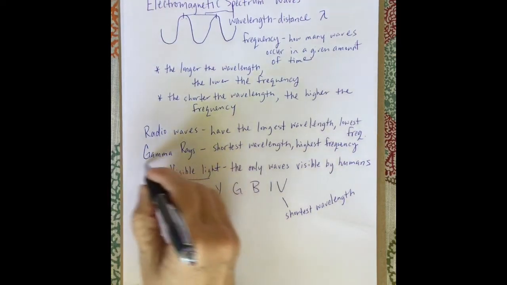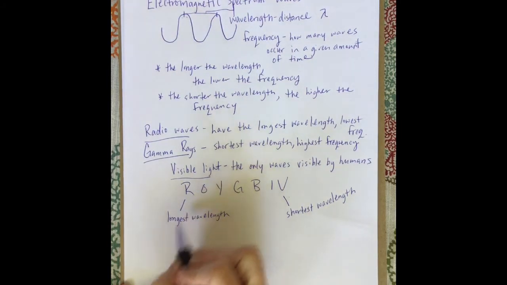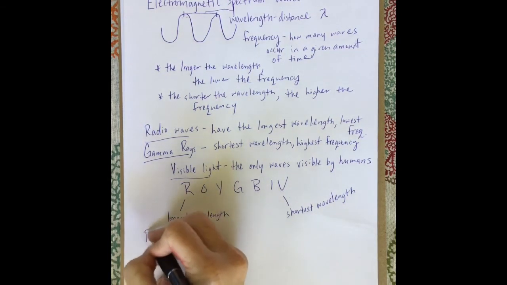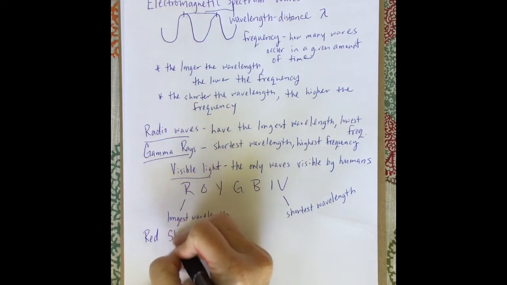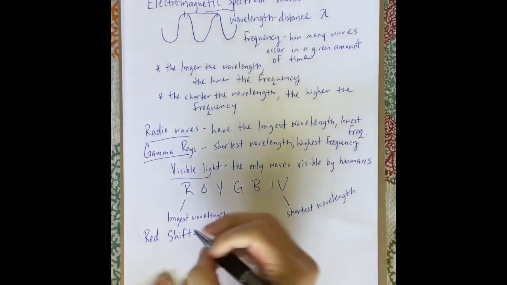Okay, now all of this plays into our understanding of the Big Bang Theory, which is where we're moving on for this. This is how this all fits into the universe unit. Because since red visible light has the longest wavelength, we use the red shift as evidence of the Big Bang Theory.